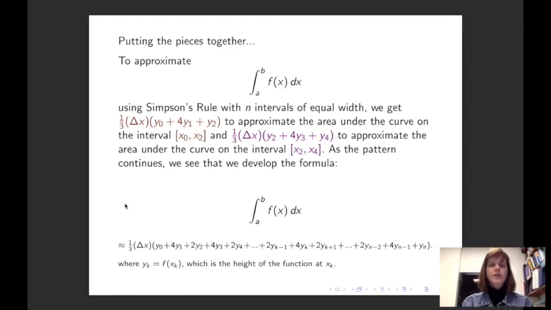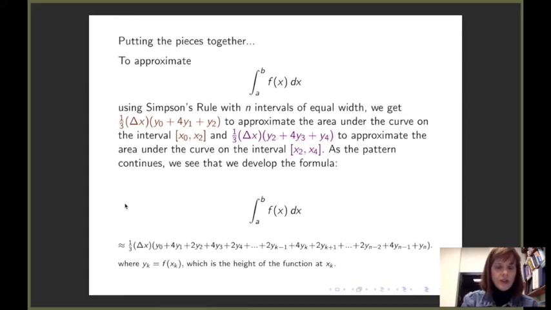When we put the pieces together to approximate the definite integral from a to b of f of x dx, using Simpson's rule with n intervals of equal width, we get that 1/3 delta x times y sub 0 plus 4 y sub 1 plus y sub 2 approximates the area under the curve on the interval from x sub 0 to x sub 2. 1/3 times delta x times y sub 2 plus 4 y sub 3 plus y sub 4 approximates the area under the curve on the interval from x sub 2 to x sub 4.